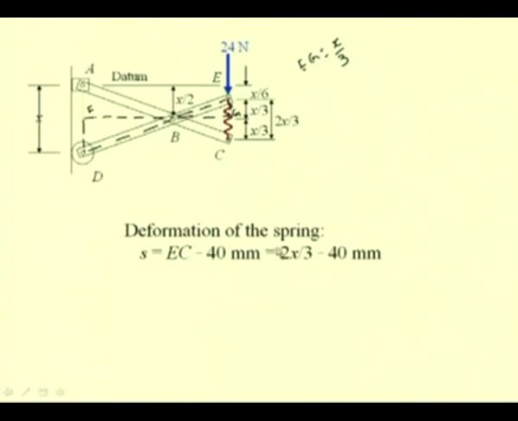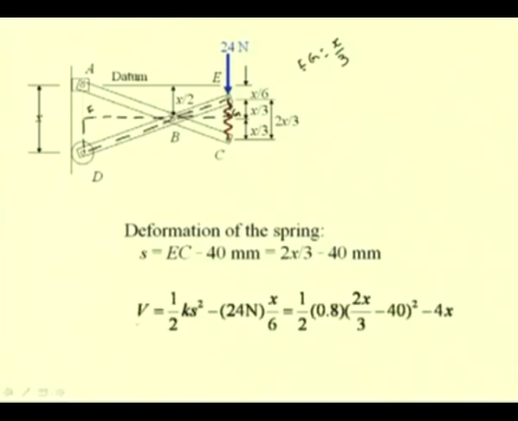So, we have this as 2x by 3 minus 40 mm, because this distance, that is EC, is 2x by 3 for any given displacement of x of this roller at D. So, we have the stretch of the spring for any given displacement x.